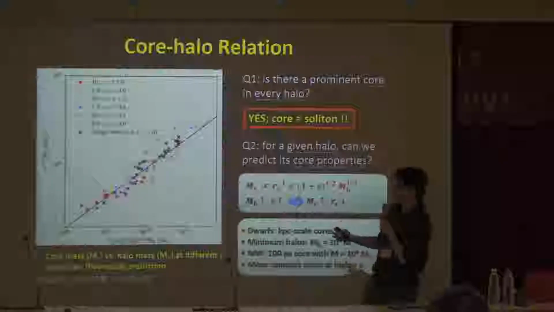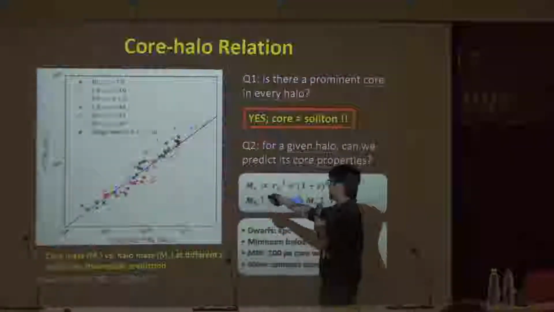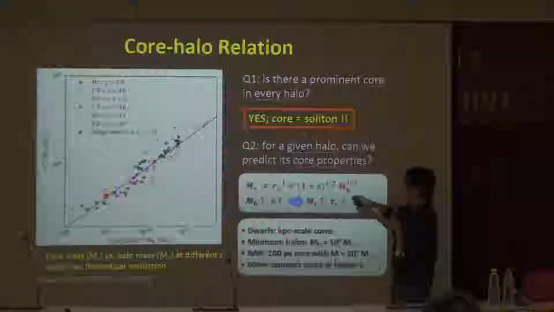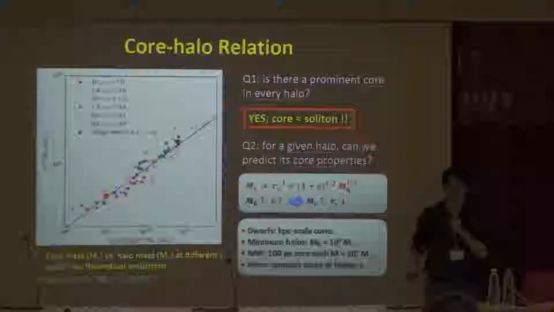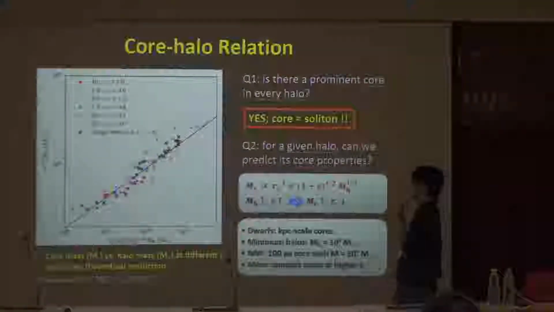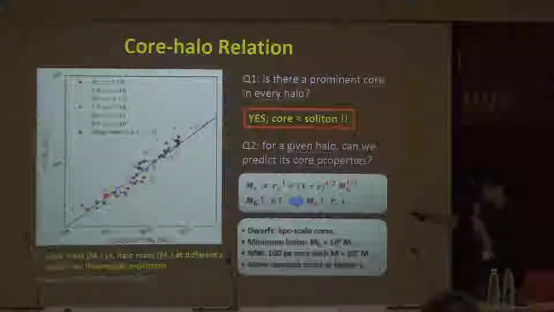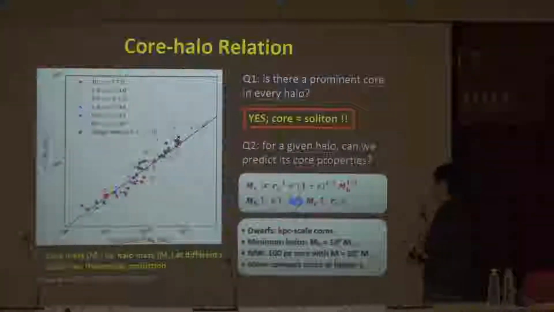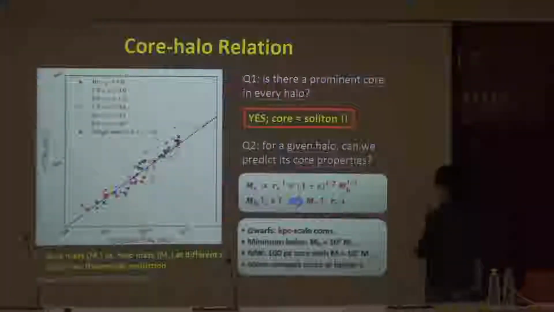Here we demonstrate from both numerical simulations and theoretical argument that the core mass should be proportional to the 1/3 power of halo mass, with an additional redshift-dependent factor. Based on this relation, we have predicted many unique properties of the Psi model.